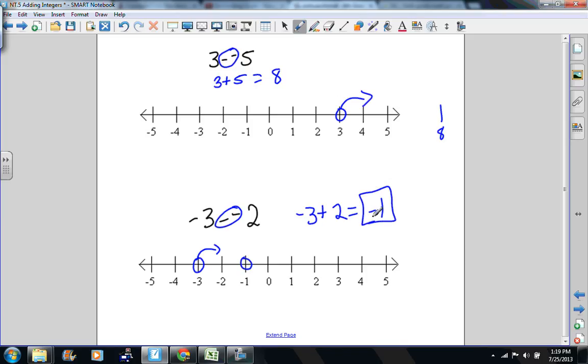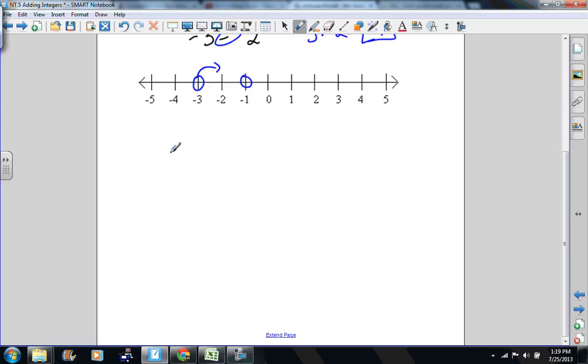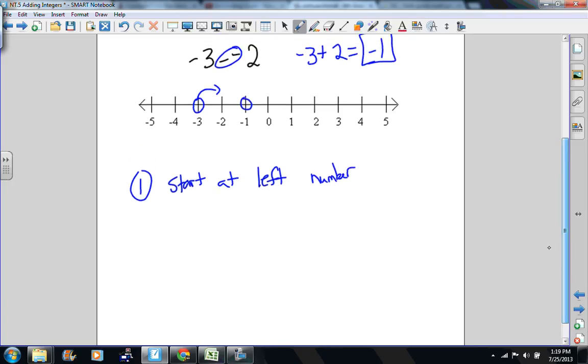So before we move on, for these there are 3 steps with these types of problems. We're going to extend the page down here. Okay? And I know it might be confusing now. That's fine. These will take a couple days minimum. Okay? This takes practice. Step 1 is you start at the left number. So for like this one up here, we start at negative 3.